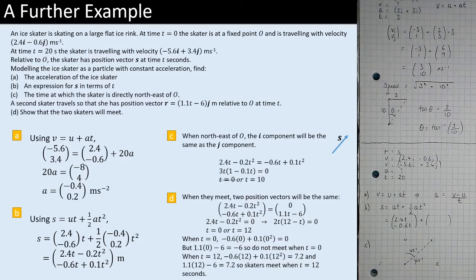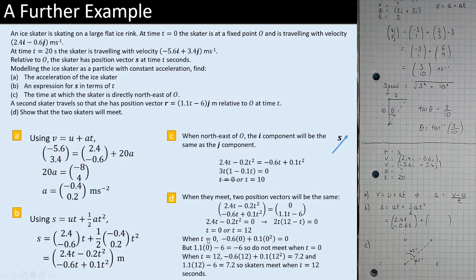Now, we need to check some things out. We need to check that if we use a particular value of t, both of the things work. This is something that we do a lot in further maths as well, checking that values of t work for both components of a vector.